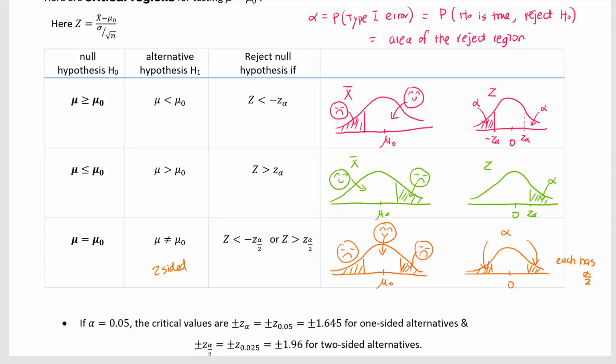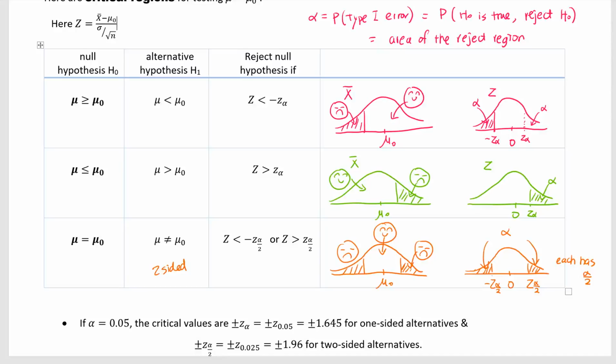If this guy has the area alpha over 2, then this is z alpha over 2, and this guy is minus z alpha over 2. So we reject the null hypothesis if z is less than minus z alpha over 2 or z is greater than z alpha over 2. So far, so good, everybody.